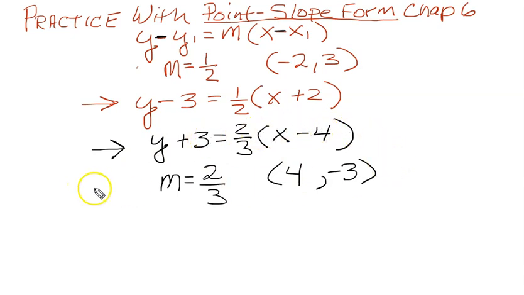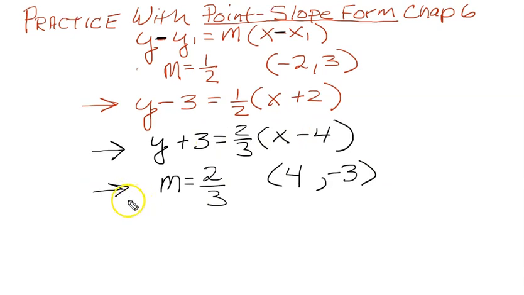Now the proof of this is to write, using this slope and this ordered pair, the point-slope form. Well, it will be y minus a negative 3. Well, minus a negative 3 makes this a positive 3.